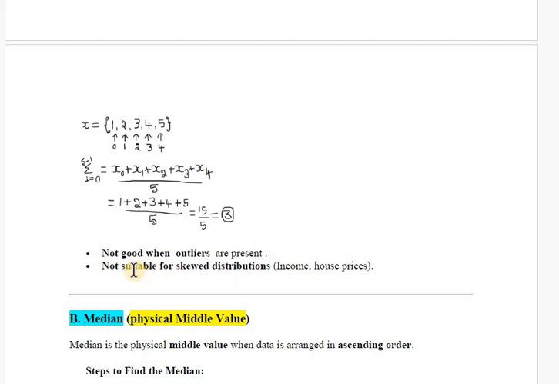The mean is also not suitable for skewed distributions. A skewed distribution is one where the data are not regularly distributed.